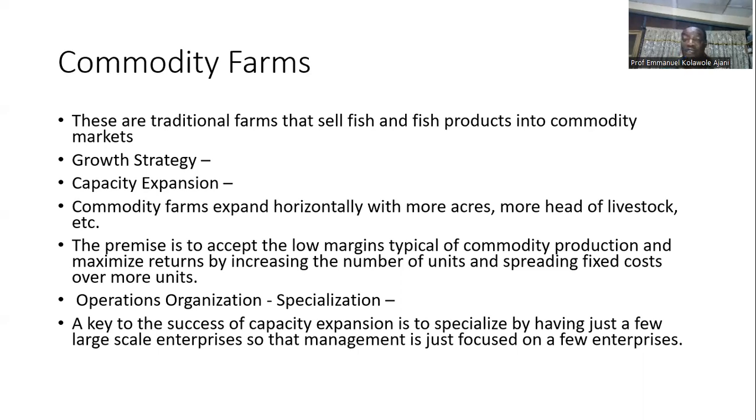The first one will be expansion. If it's the commodity market, it is capacity expansion. And just like I mentioned, the farmers in Kwara State, in Asadam, they are producing more now. Before, every day, 10 or 15 big trucks filled with fish usually left Ilorin, Asadam every single day.